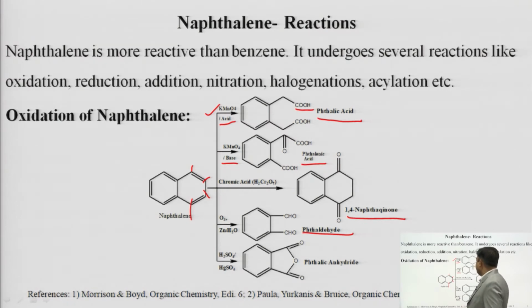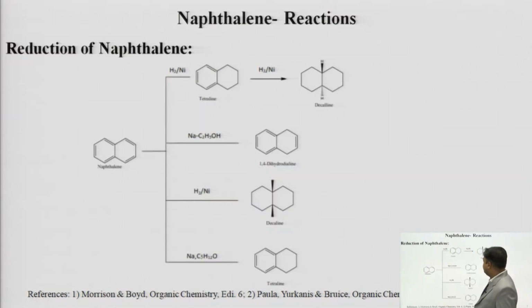Oxidation can also be done by the reaction of H2SO4 or HgSO4 with naphthalene, and we get phthalic anhydride as the oxidized product. These are the different oxidation reactions of naphthalene with different oxidizing agents of varying strength.